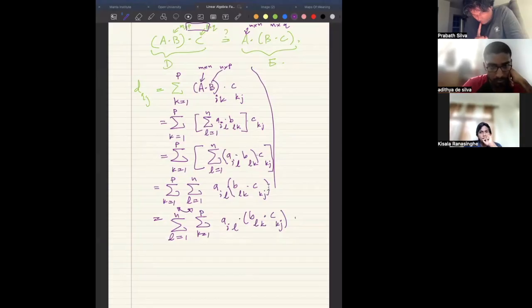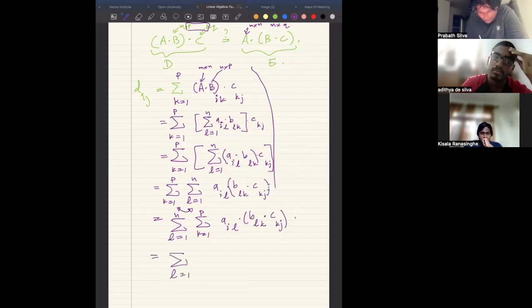So now L equals 1 up to n. We can pull out this A, I, L. Then you go here.